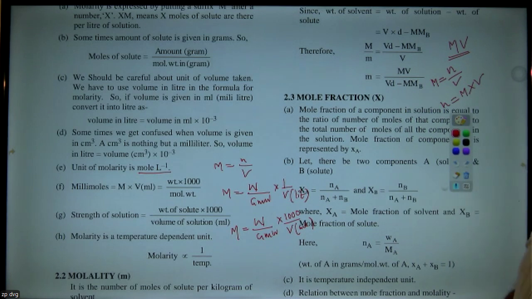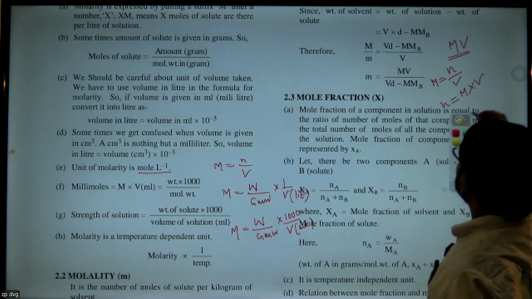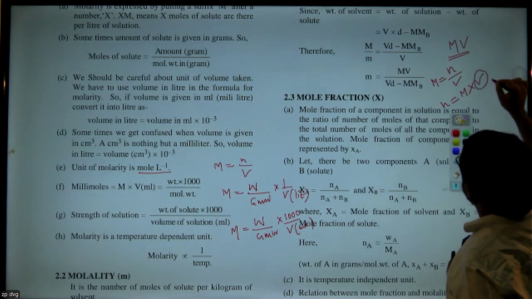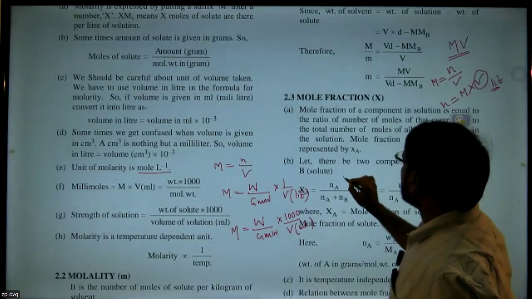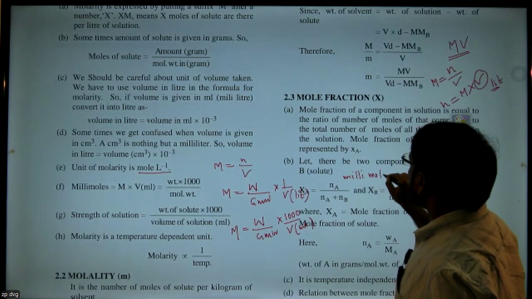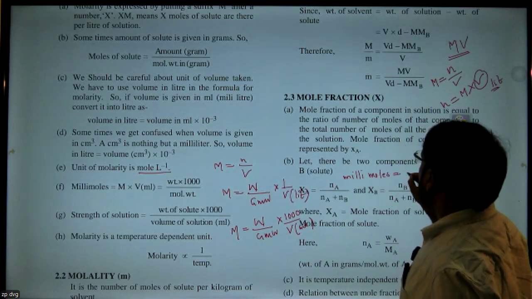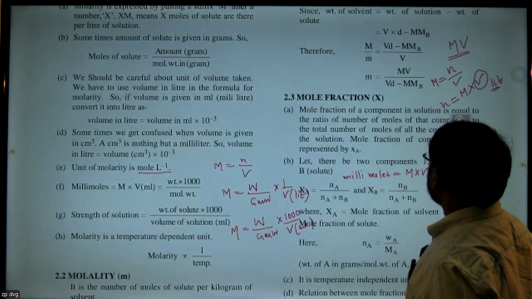Like this we can calculate the number of moles. Here volume should be in liters only. Always we have to use the volume in liters. For example, if you want to get millimoles, then what formula do we use? Molarity into volume in milliliters.